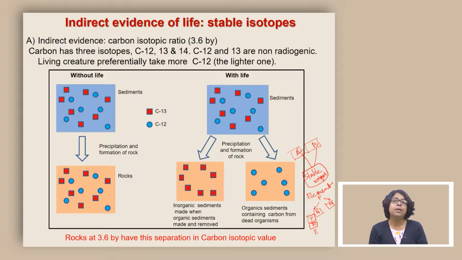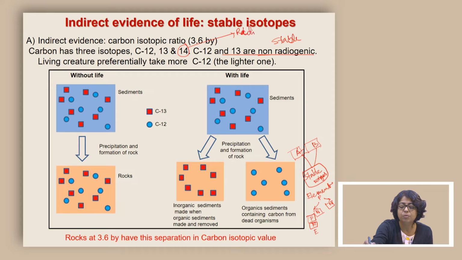Carbon has 3 isotopes: C12, C13, C14. C12 and C13 are non-radiogenic. They are the ones which we call stable. On the other hand, C14 is the radiogenic isotope, and we use it for a different purpose.